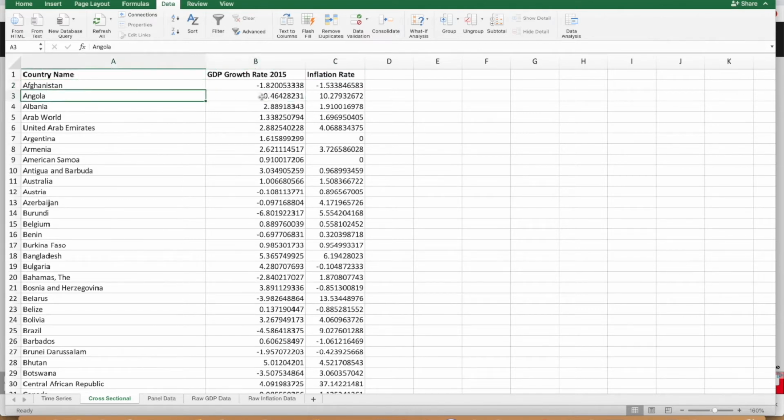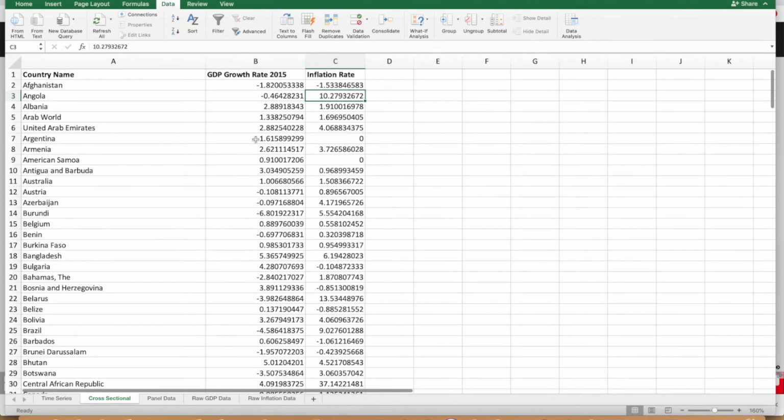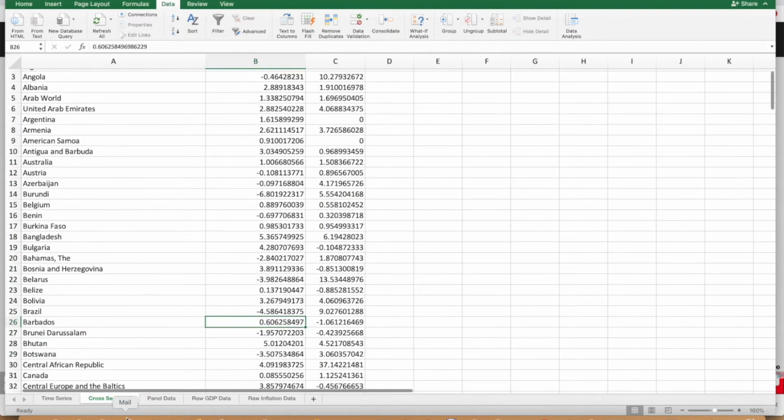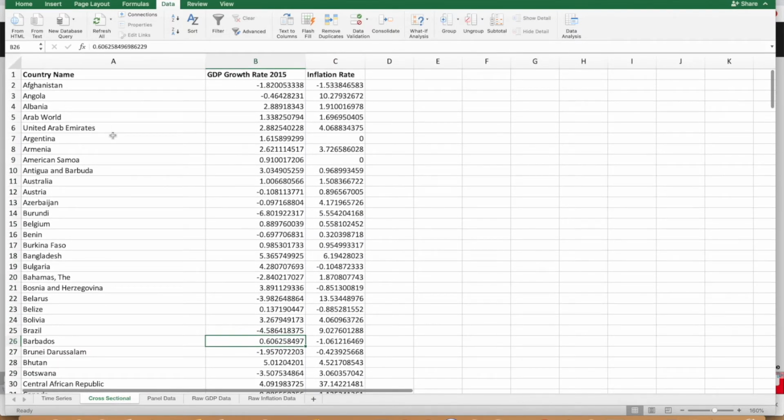Similarly, in Angola, we have a growth rate and inflation rate. So this is a different type of data set because although I have the same variables, economic growth and inflation, the reason that those vary in this data set is because they occurred in different locations. So that's called a cross-sectional data set.